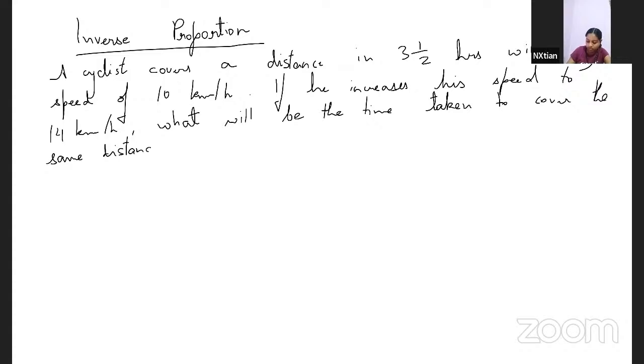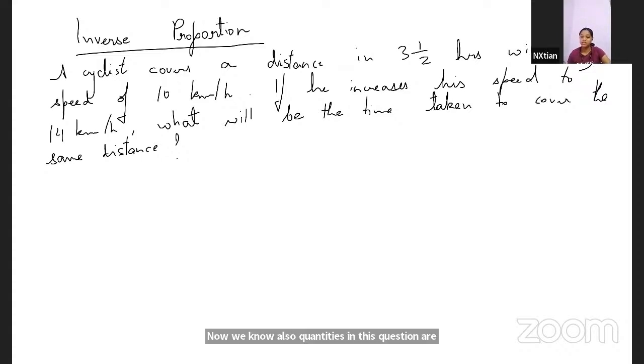Ma'am, is it 2.5 hours? Yes, yes, ma'am. That's correct. Now we know our two quantities in this question: one is the distance and one is speed. While he was going at the speed of 10 km/h, he covered the distance in 3.5 hours, actually.